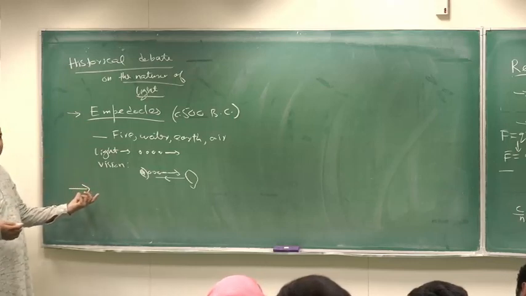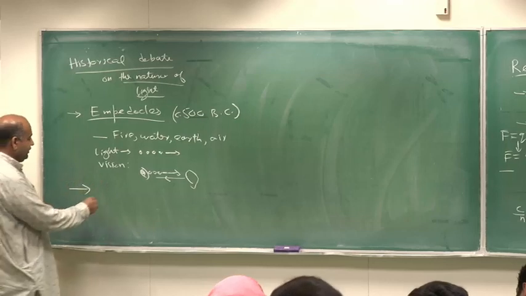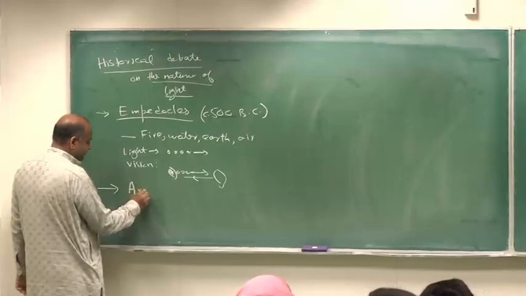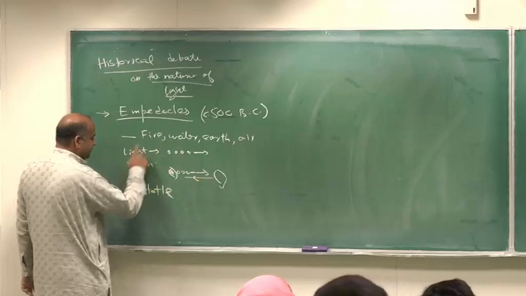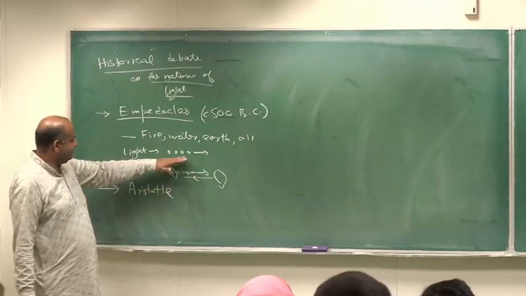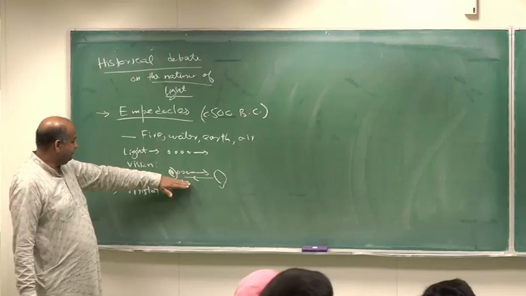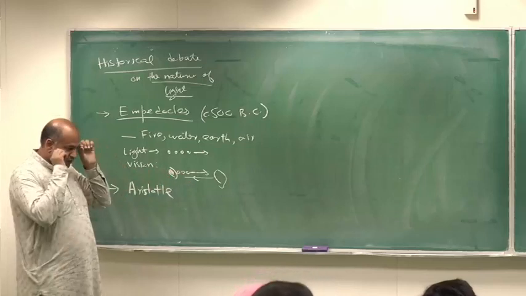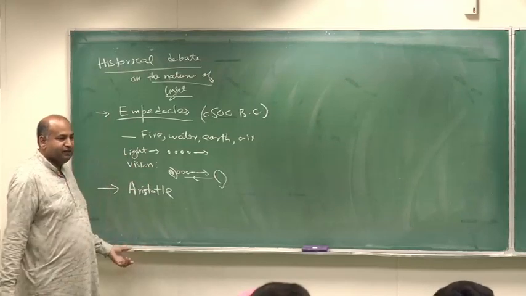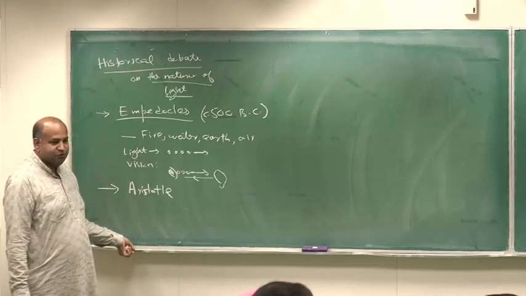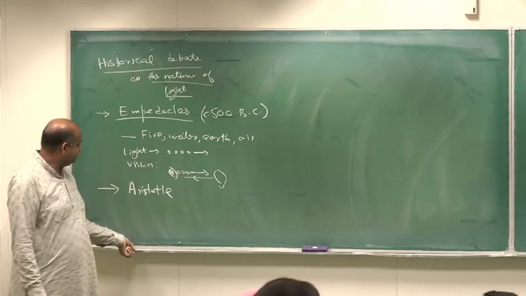He tried to make a theory about this. Even he accepted this idea about light, that it's made of particles and its vision is this, that the particles are emitted from the eye, and when they come back, you see the object.